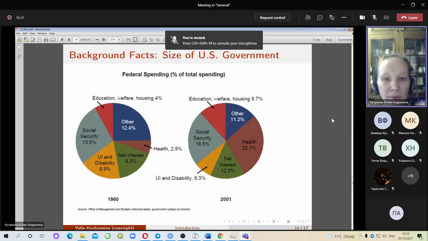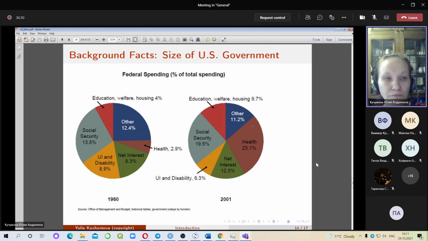But if we compare Russia and the United States, in the United States the support of health is much lower, right? In Russia, we are basically all covered by this public health program. In the United States, not every American has health insurance.